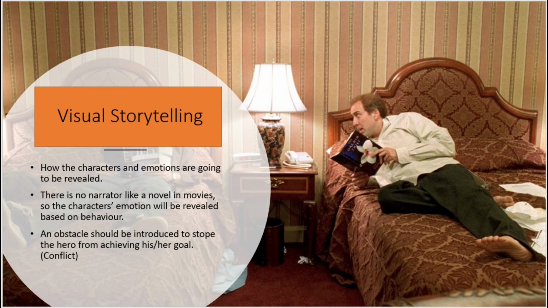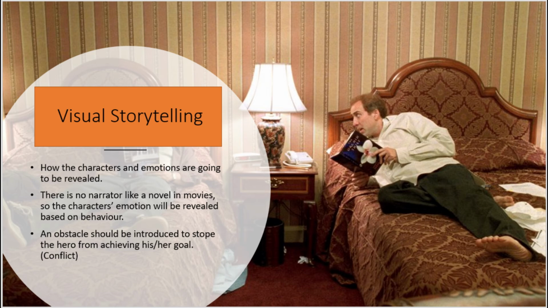One reason is that writing for a movie is different from writing for a novel. A movie is a very temporal medium, and it's limited to something like 90 minutes or 2 hours, so it should be structured. Also, in movies, we don't have narrators like in novels that would explain everything to us.